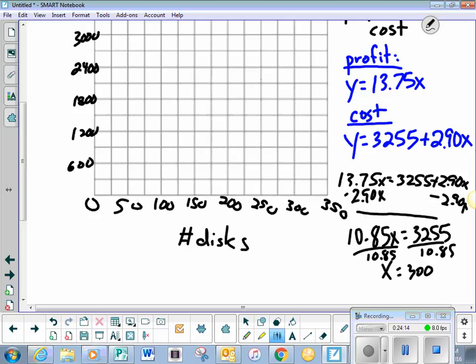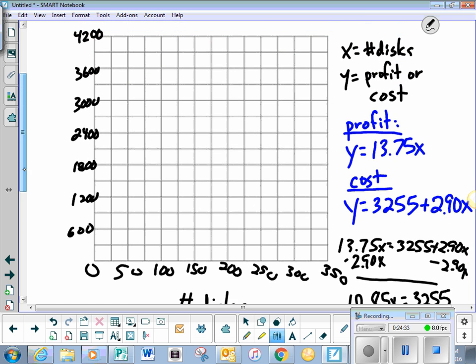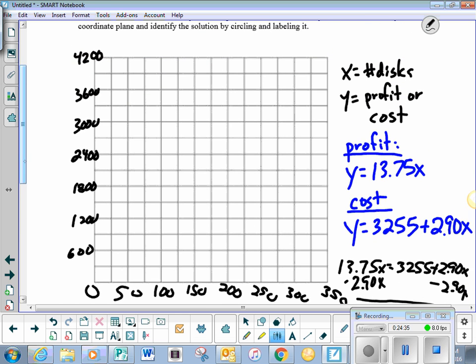Well, then I have to plug in 300 times 13.75, right? You can plug it into either one. $4,125. So my break-even point is 300, 4,125.